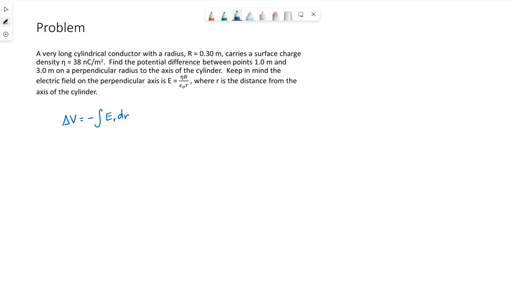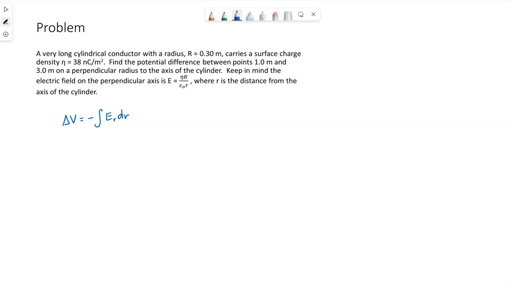Now this example problem: we have a very long cylindrical conductor with a radius R equals 0.30 meters. It carries a surface charge density, eta, of 38 nanocoulombs per meter squared. We want to find the potential difference between points 1 meter and 3 meters on a perpendicular radius to the axis of the cylinder. I will explain that in just a minute.